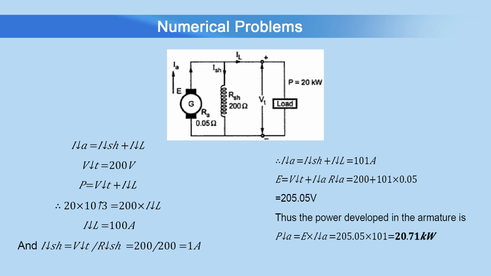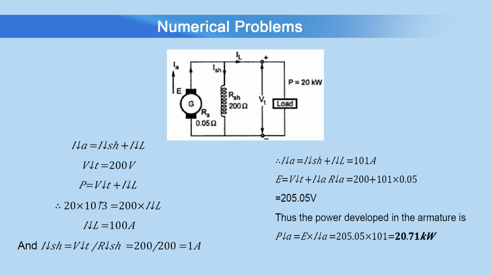So here as we know, the induced EMF is always greater than the terminal voltage, because there is some voltage drop in the armature. In the case of generator, and in the case of motor, applied voltage is greater than the back EMF, because some voltage is dropped in the armature.